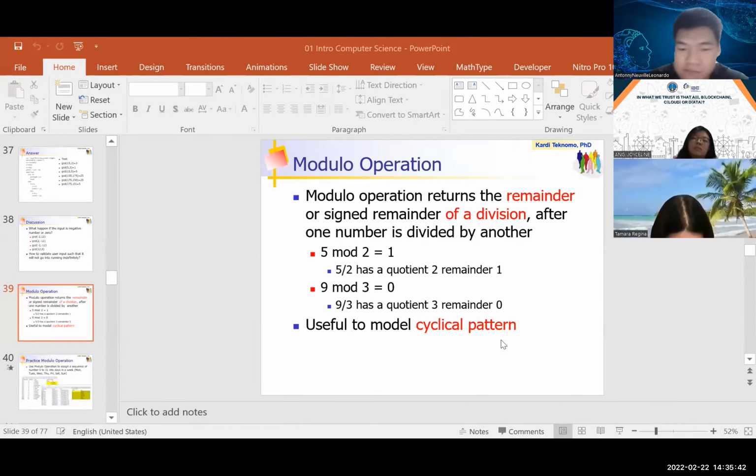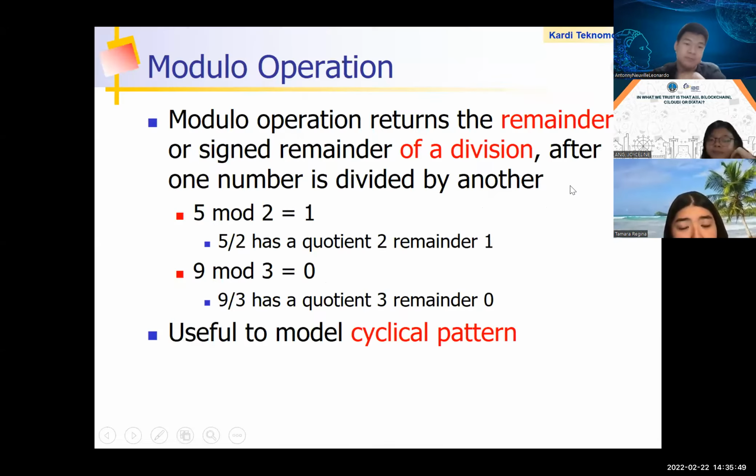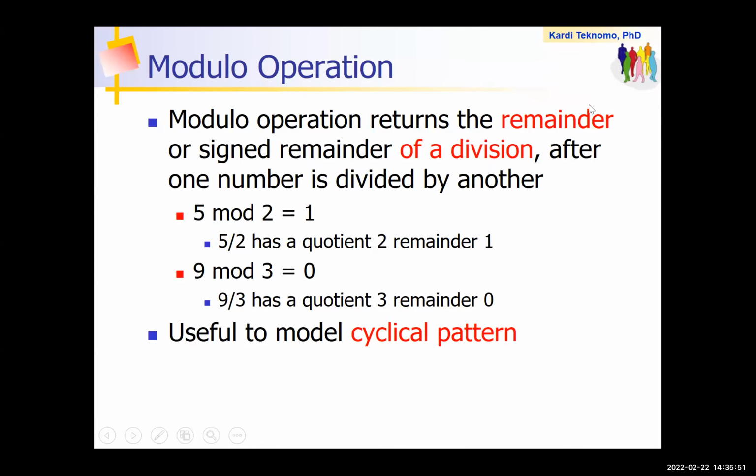So today we discuss a few things. First is the modulo operation. Modulo operation is the remainder operation, right? If you have a division, after one number is divided by another, then you can see the remainder.